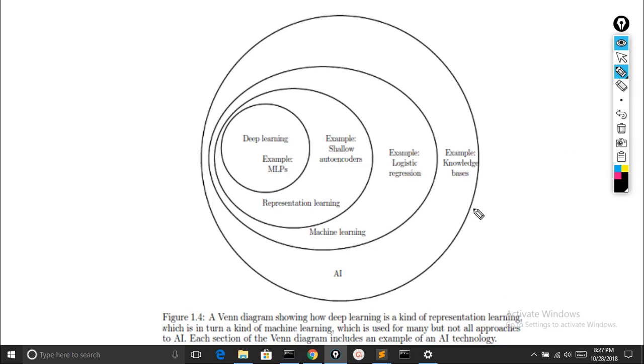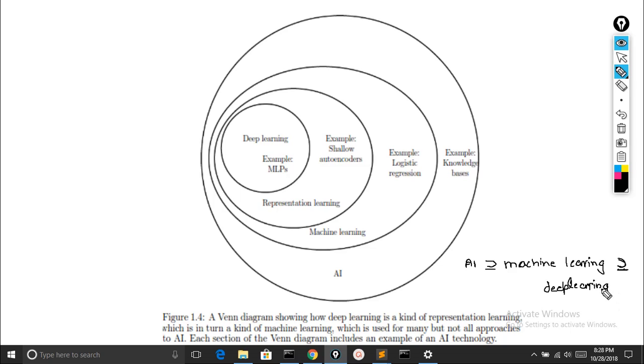Okay, so first let's write out the equation that tells about their relationship. So AI here is the superset of machine learning, and machine learning is the superset of your deep learning.